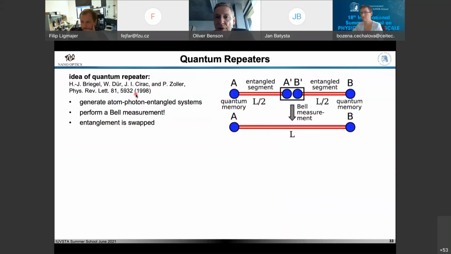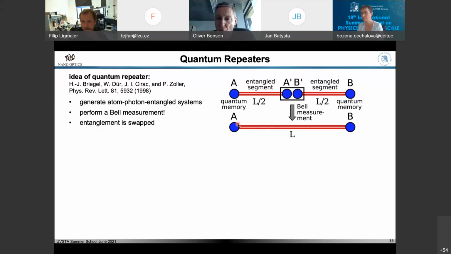Can you avoid this? You can avoid this by generating entanglement between two distant nodes. This is a kind of quantum amplifier, or more precisely, it's called a quantum repeater. What's the basic idea? You have an atom entangled with a photon, an atom-entangled photon state, and you have another atom-entangled photon state.